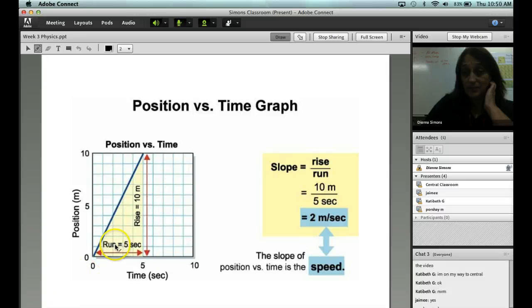So for this particular case, what we have is that our slope is rise over run. So our height is 10, our length is 5, so this particular car was going 2 meters per second, and that's the speed.